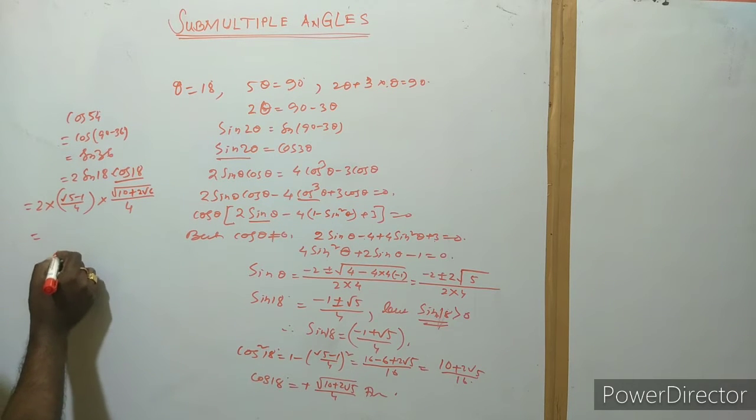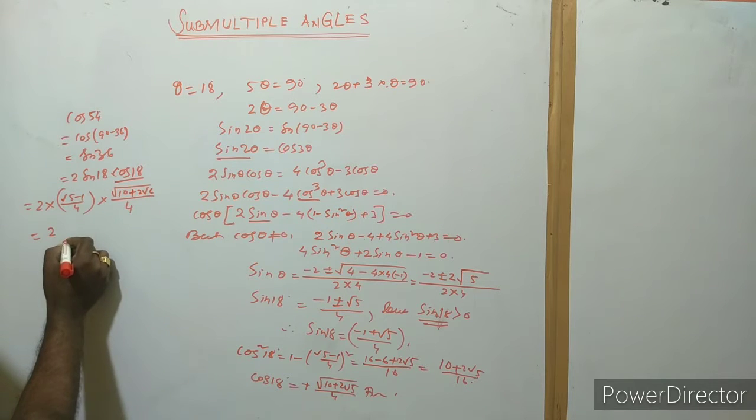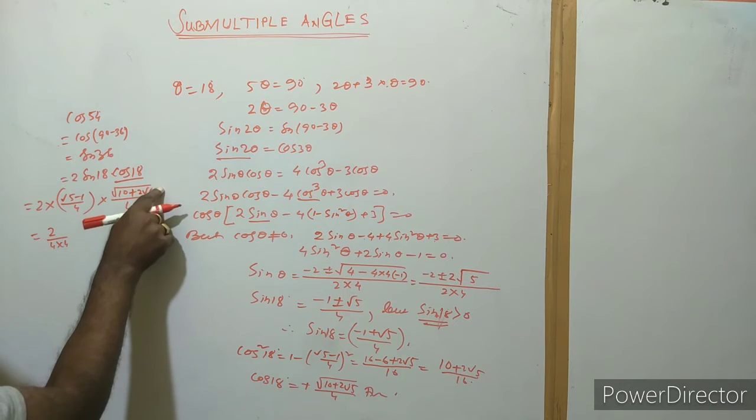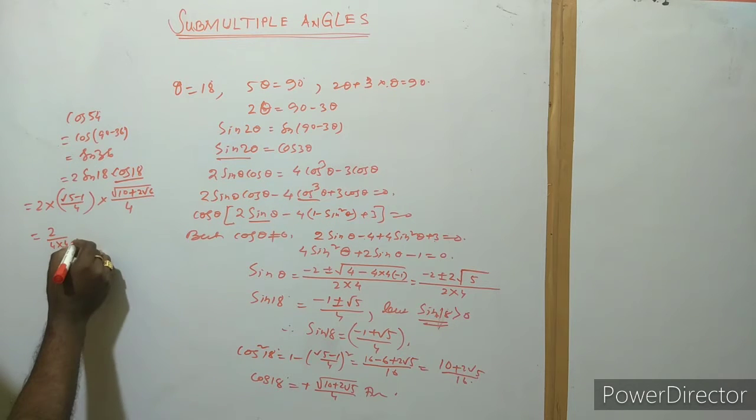After that we want to simplify these two factors. 4 fours are 16, and this is under root.